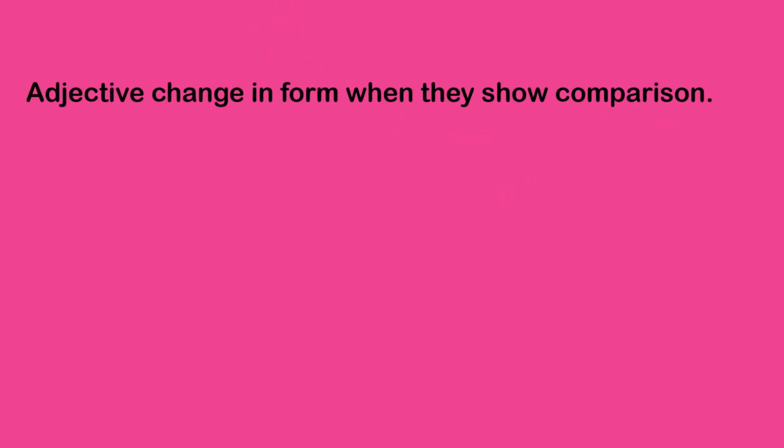How will we compare? Adjectives change in form when they show comparison. We are all aware that adjectives and adverbs are both like that, having comparative and superlative degrees. So adjectives change in form when they show comparison between certain things.